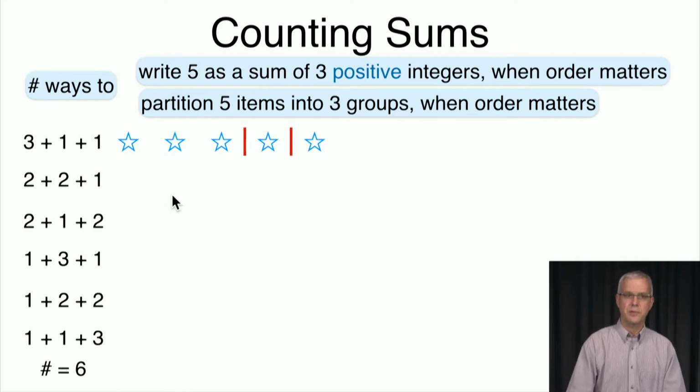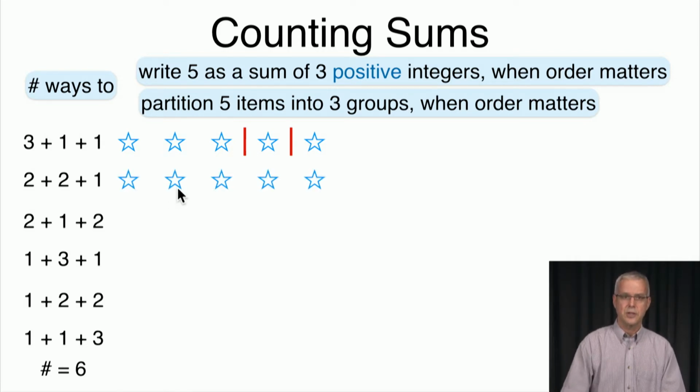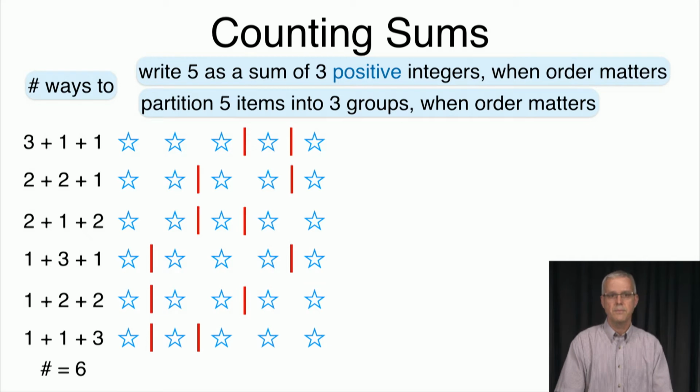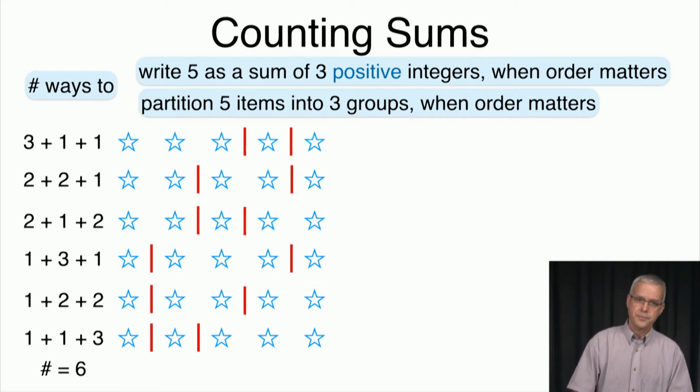And 2 plus 2 plus 1 will correspond to a partition with 2 stars plus 2 stars plus 1 star, and 2 plus 1 plus 2 similarly corresponds to 2 stars plus 1 star plus 2 stars, and so on. And we would like to use this analogy to find the number of ways to write 5 as a sum of 3 positive numbers.